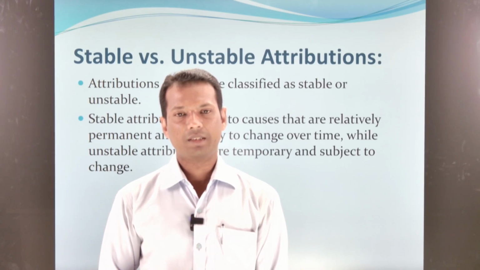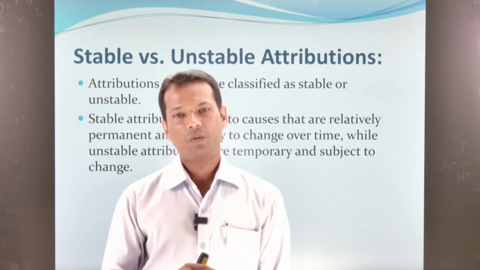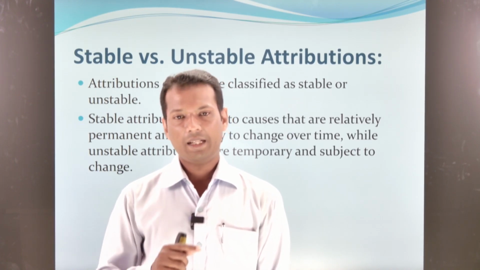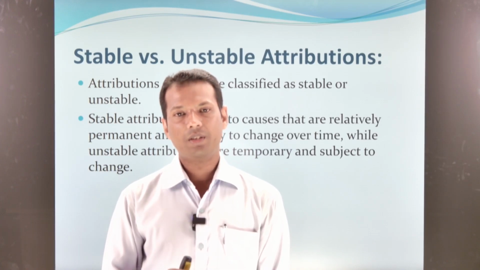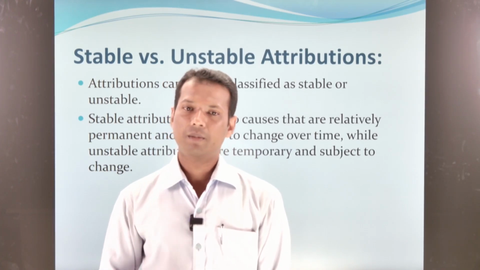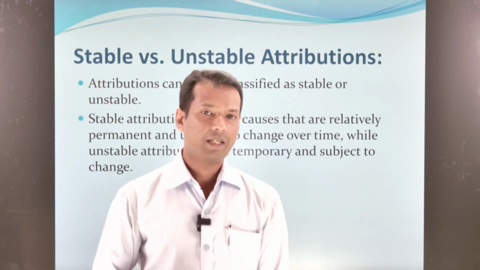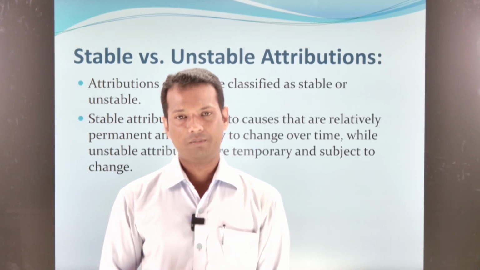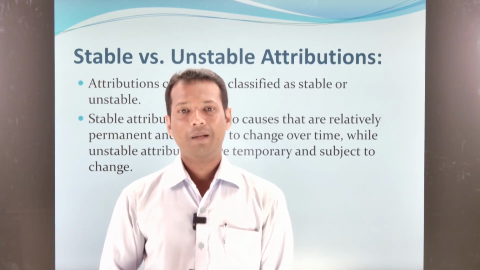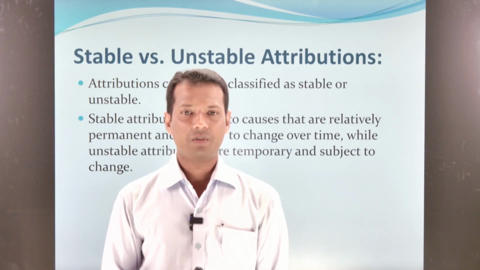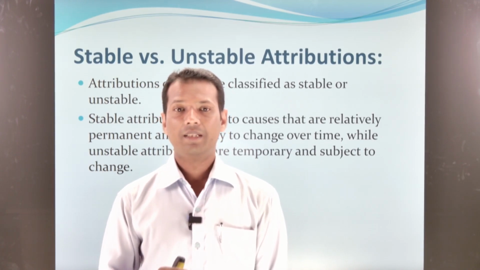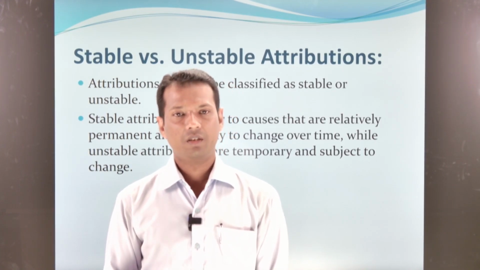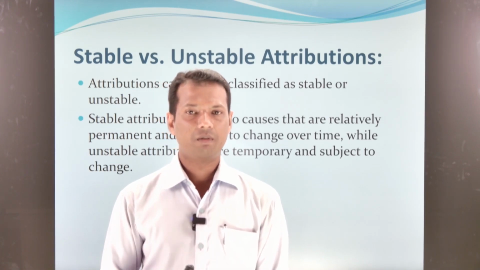Then that is going to create ripples inside the workplace, and consequently the employees are going to face the consequences of the ripples. So that can be termed as an unstable attribution, that is going to affect the quality of work of those individuals. It's not a stable attribution, because that is going to go away, that's a temporary situation, and subject to change. So that is the stable versus unstable attribution.